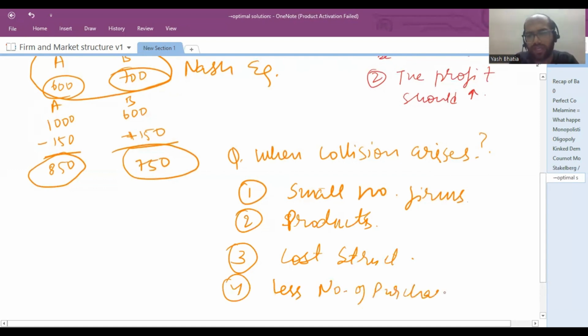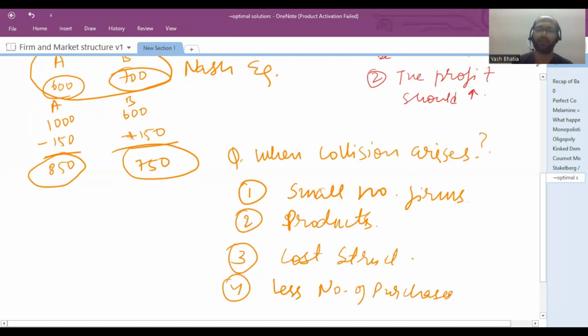If the producers need to purchase raw materials multiple times in a year, then it becomes difficult to collude. But if they have to purchase the raw materials or the goods that they want to sell only once, if they have to purchase less often, then the collusion becomes easy.